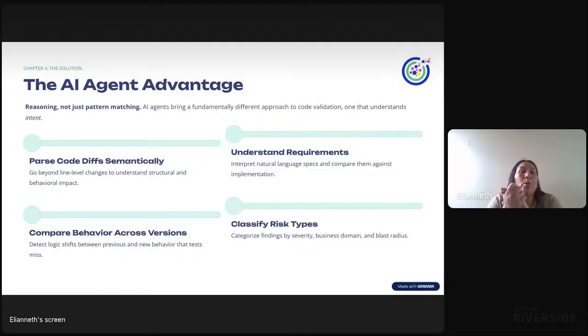So we can categorize them. We can add labels saying this is high risk, medium risk, low risk, and we can give them a score. And not only that, we can share some kind of analysis and we can track the origin of these bugs.